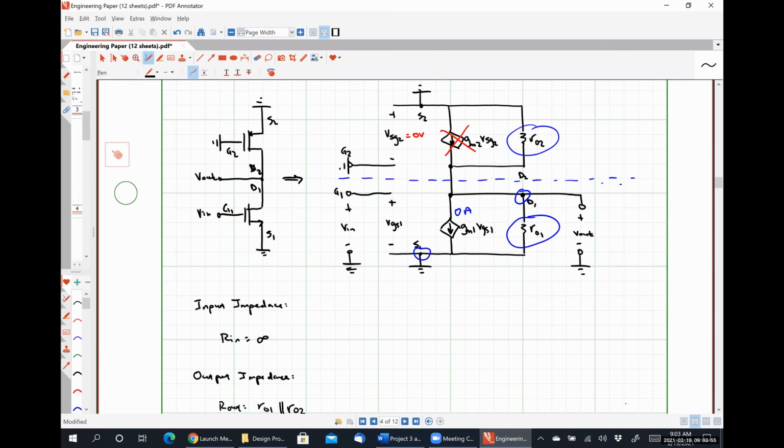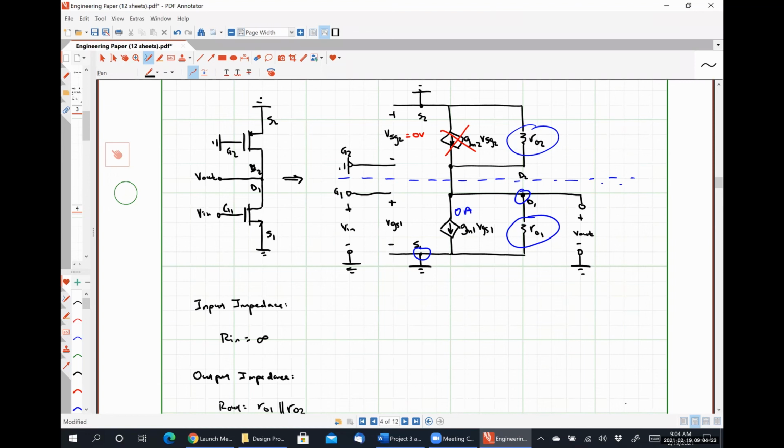So a little bit more complicated. The advantage of this is that our output impedance is now going to be significantly larger, right? Because we saw that the channel length modulation resistance RO is somewhere on the order of tens of kilo ohms usually, whereas our biasing resistors are usually on the order of just kilo ohms.